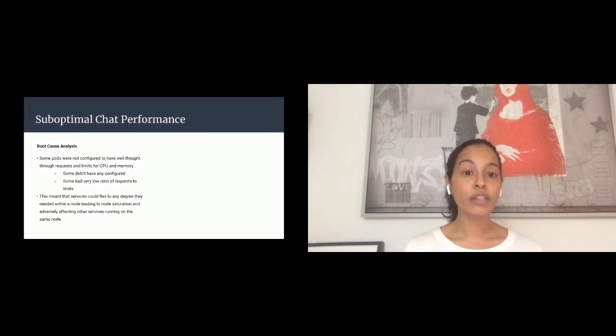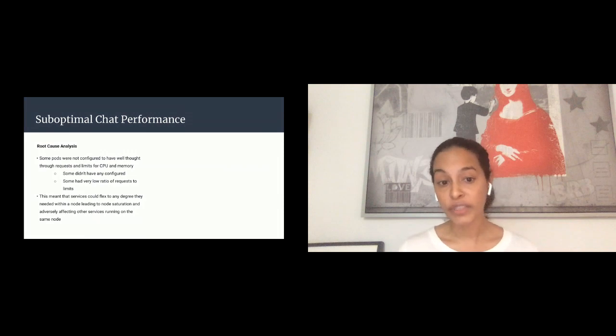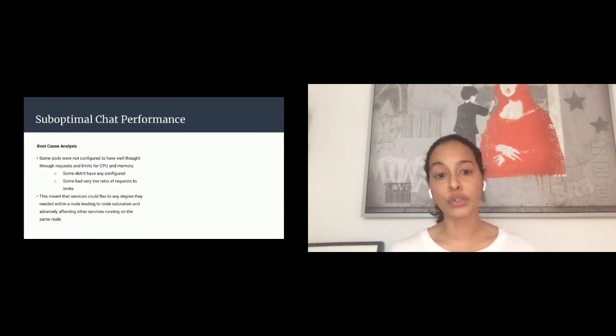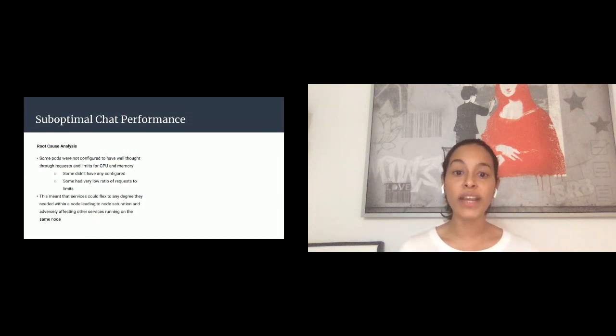Some pods were not configured to have well thought through requests and limits for CPU and memory. Some just didn't have any configured, and some had very low ratio of request to limits, which means if it flexed and put the node over to saturation, it's going to adversely affect the rest of the services that are running on that node. So what did we do?